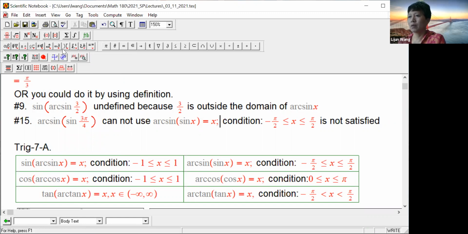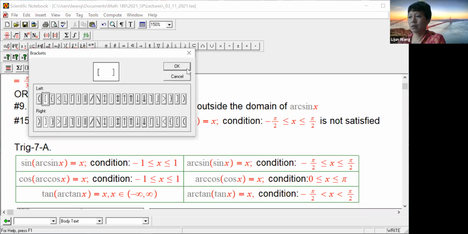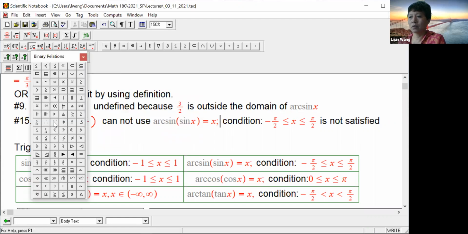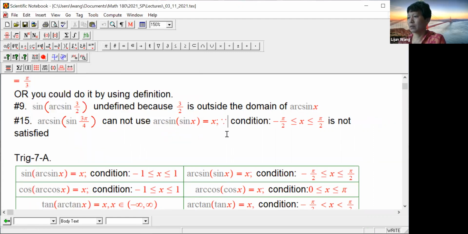Some of these are given, okay? It's not here. And is it here? There. Okay. This little notation. Okay, 3 dots make a triangle, but this triangle is upside down, right? This 3 dots means because.